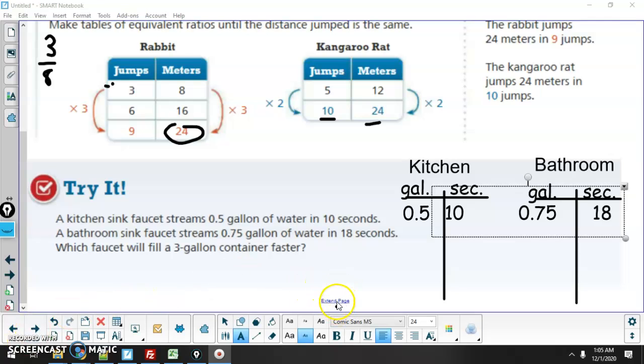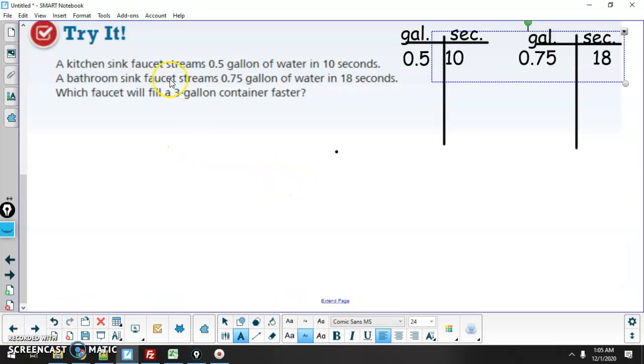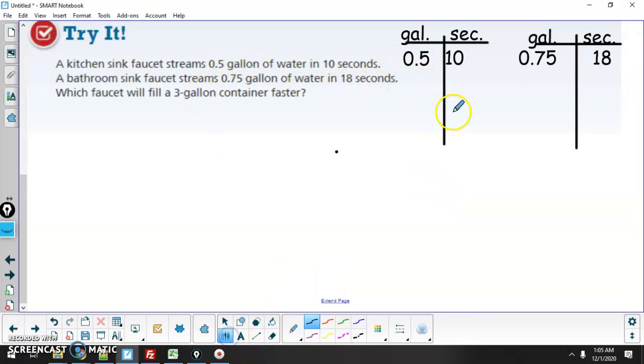All right, so now that hopefully you tried it here, we're going to figure out which one will fill the bucket the fastest. So what you want to do is extend these rates that are given here upwards to reach a goal of 3 gallons in the container, okay?